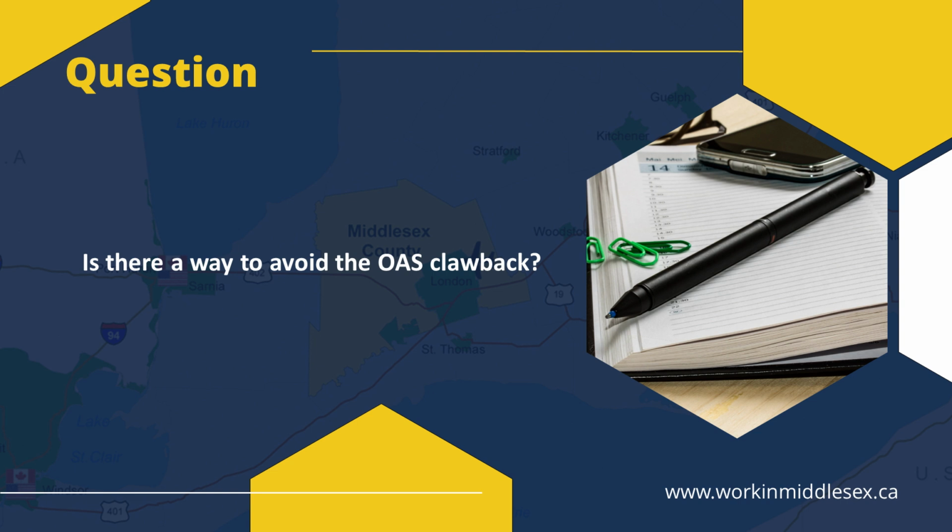Sometimes. The answer is always it depends, right? Sometimes it depends on the amount. Sometimes it depends on the situation. Sometimes we're lucky enough that, if two spouses own a business together and the proceeds are spread over a number of years, as long as their annual proceeds don't exceed the OAS clawback threshold, which I believe is just under $82,000 this year, then sometimes you can avoid that in its entirety.